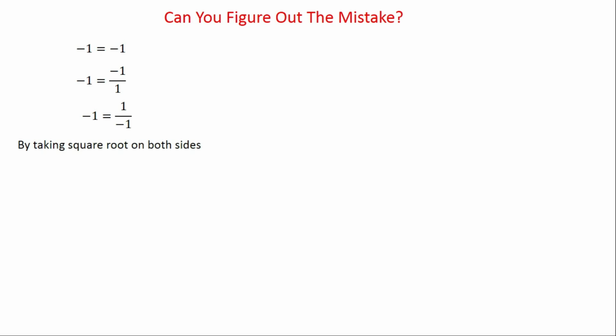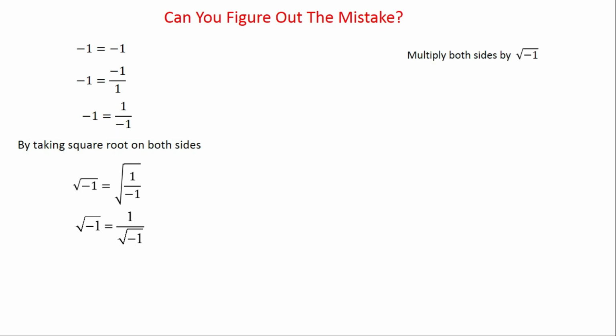Then by taking square root on both sides, we have square root of -1 is equal to square root of 1 over -1. So square root of 1 is equal to 1 and square root of -1 is equal to square root of -1.